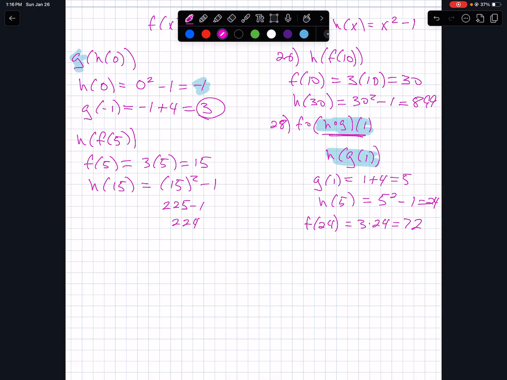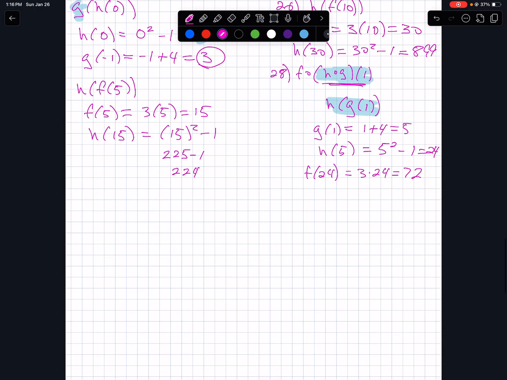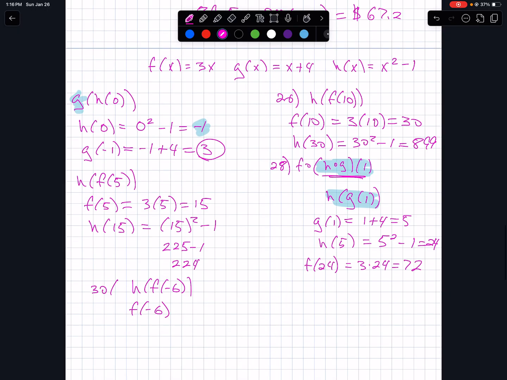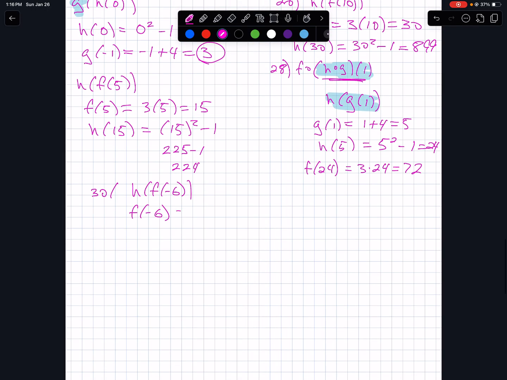Alright, so 30. Oh, it's not that bad. Weird, they give you that nasty one right in the middle, and then these ones are no big deal. So h of f of negative 6. I plug negative 6 into f first. f of negative 6 equals 3 times negative 6, which is negative 18.